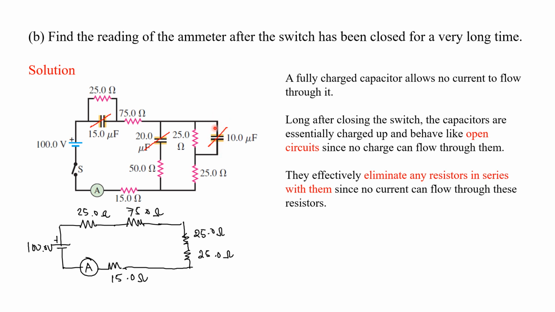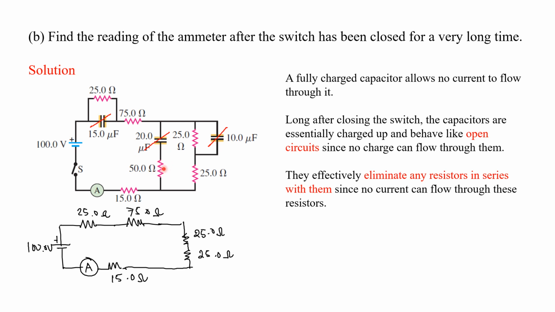Your 25 ohms remains there, and your 15 ohms also remains. So your circuit becomes like this. You have a series connection of your 25 ohms, 75 ohms, 25, 25, and then your 15 ohms. So only one resistor has been eliminated, which is your 50 ohms.